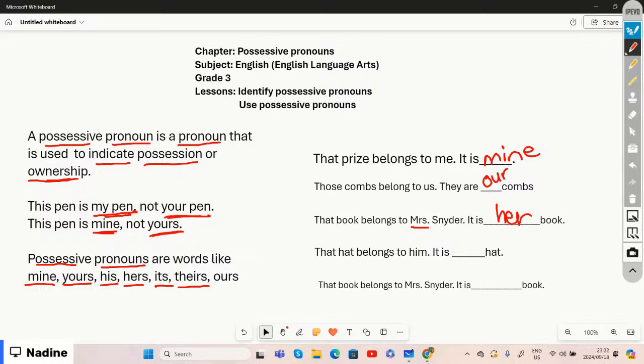That hat belongs to him. If that hat belongs to him, which is a male, then it is his hat.